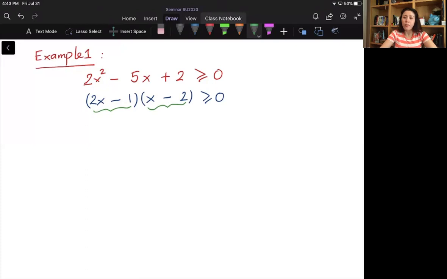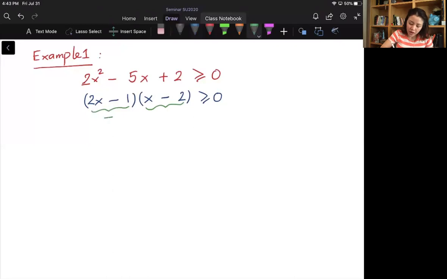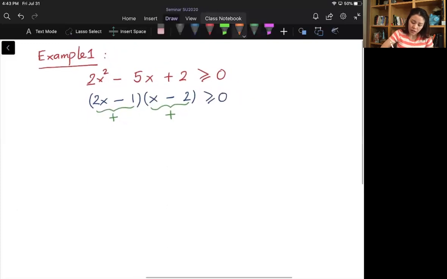So what are the possible signs for these numbers? There are two possibilities. One is that this one is positive and this one is positive, so their product gives a positive result. The other is that this one is negative and the second number is also negative, so together their product also gives a positive result.